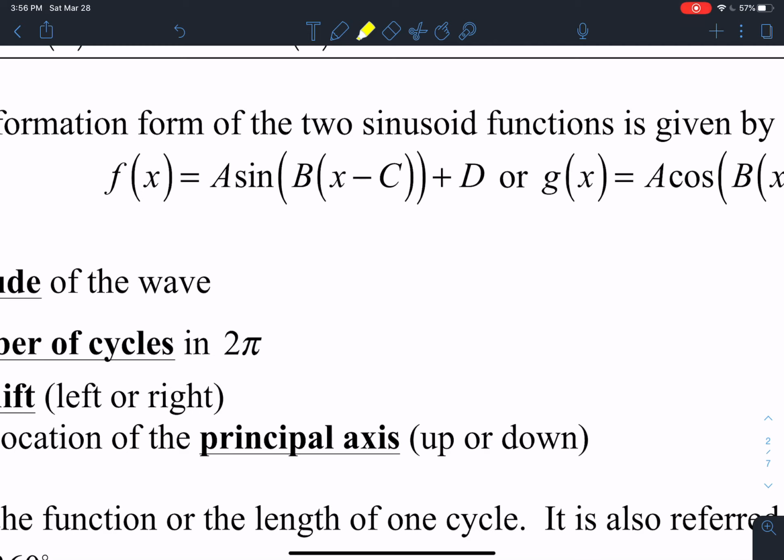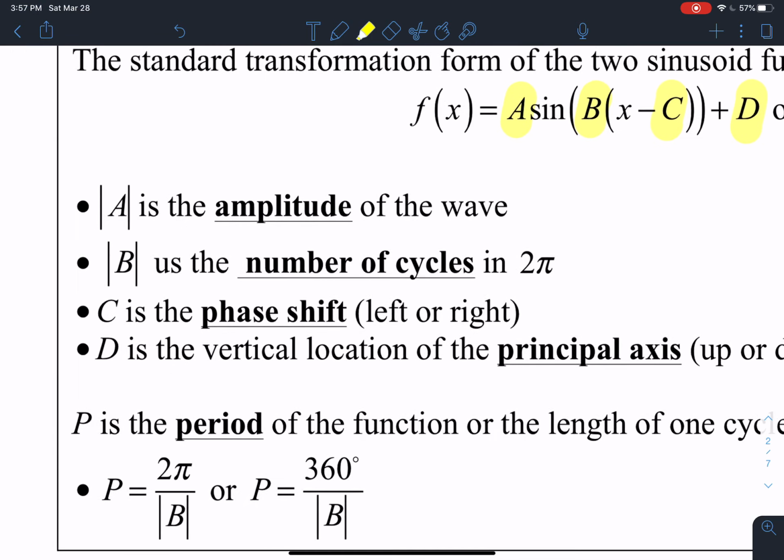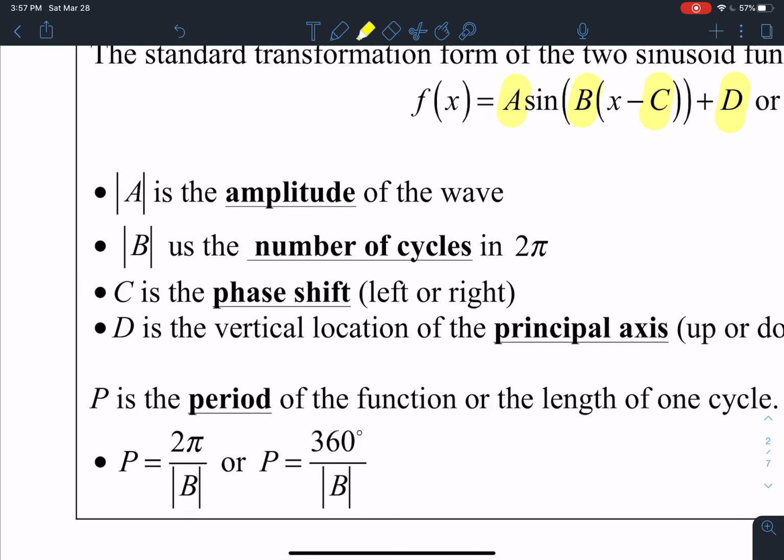All these values here, A, B, C, and D, are going to transform your function, and they work the same way we've been doing since chapter 1. If you look at the bullet points, the A term is always going to represent the amplitude of the wave.